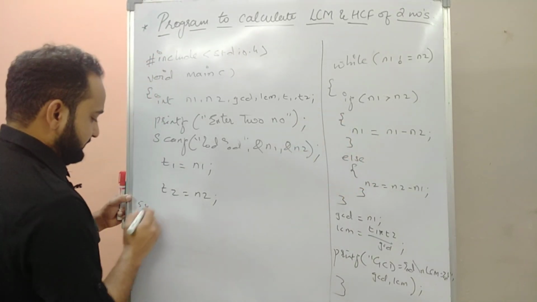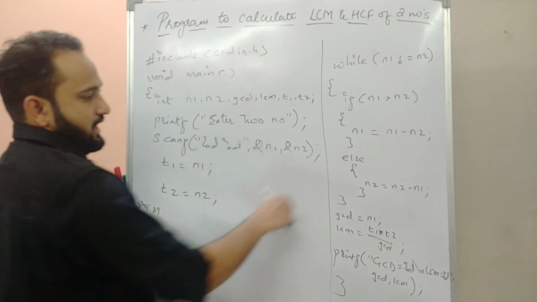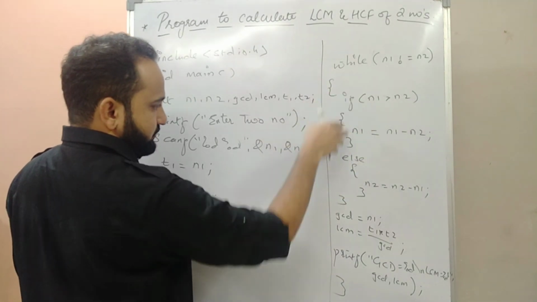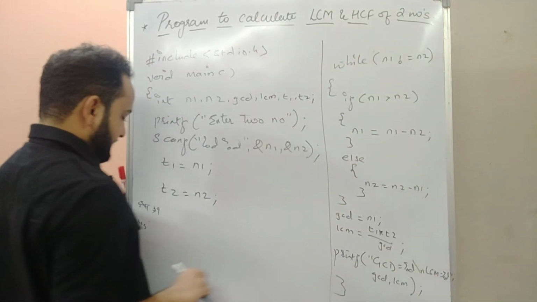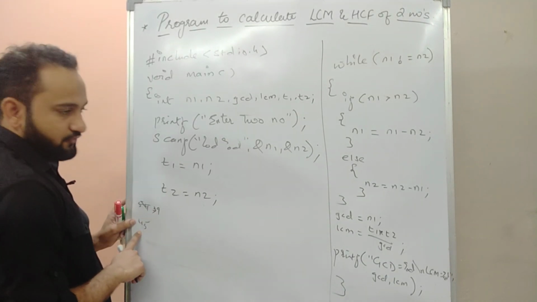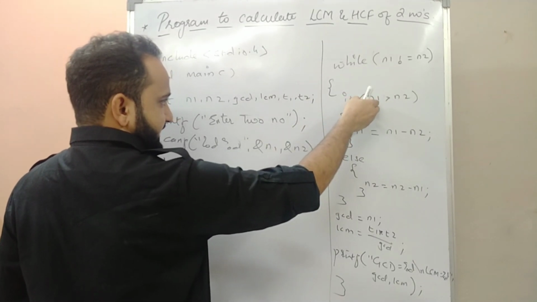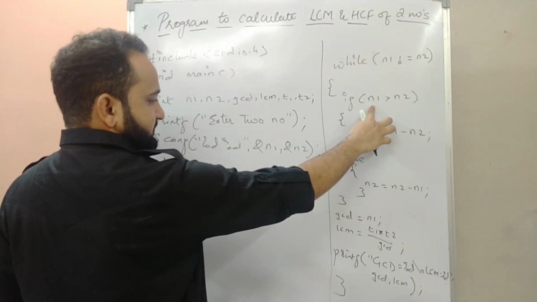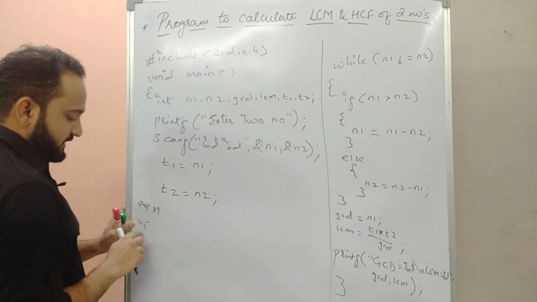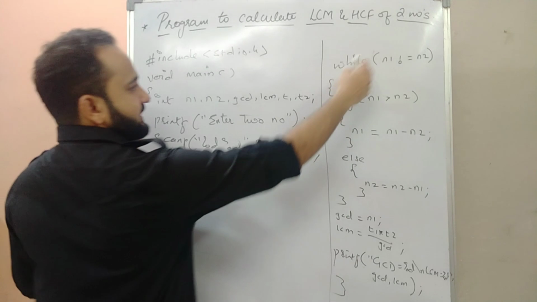The new value of n1 will be changed to 9 now. Okay, and now it went into if, it won't go into else. It will come back. The value of n1 is 9, the value of n2 is 45. It's not the same, so it will go inside. Is this condition satisfied? No, it will go into else and calculate what? 45 minus 9, that comes out to be what? 36.